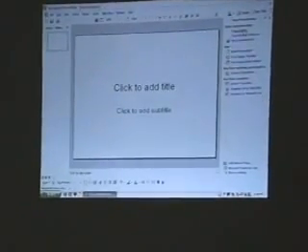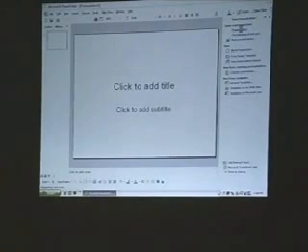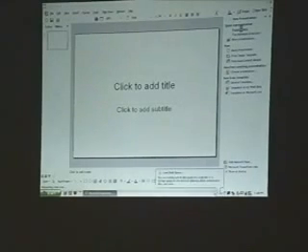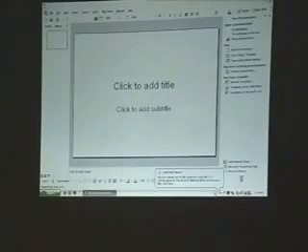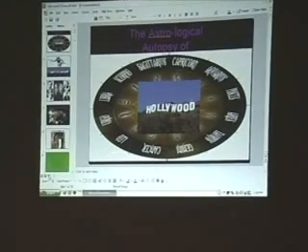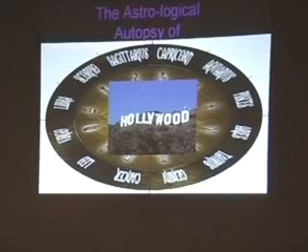Hit presentation on the right side. Yeah, go to that thumb drive. Full screen. Yeah. Don't go nowhere. And you go ahead and you do your thing, all right?